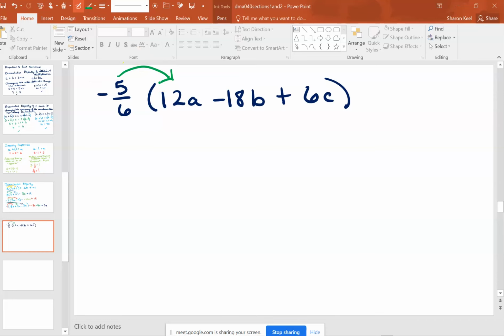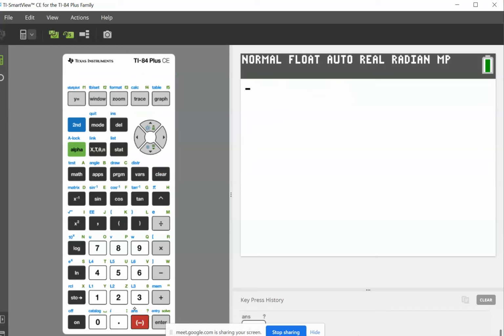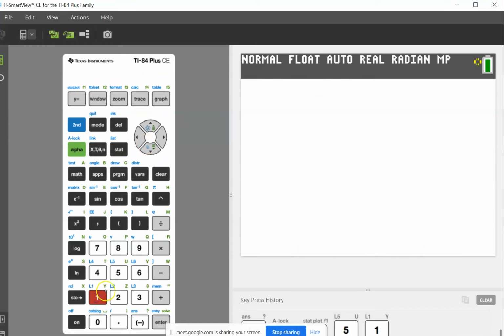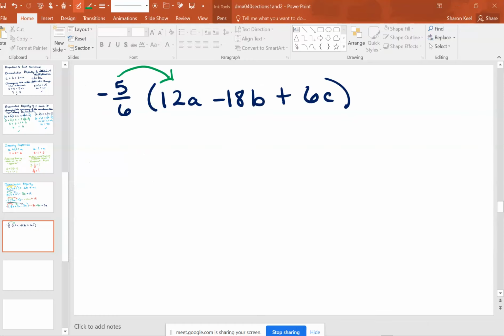So you're going to use your calculator just to make the math part, the fraction part, simple. Negative 5/6 times 12. So we're going to do negative the fraction 5/6. You have to move it to the right and then times 12. That gives me a negative 10. So my first term is negative 10a.